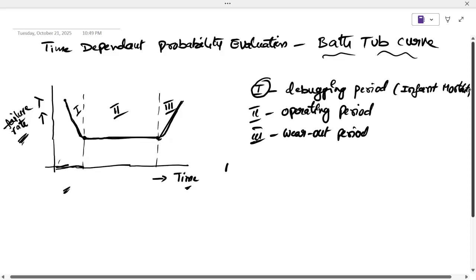In the first phase, the debugging period, failures will be more, and they gradually decrease with repairs and precautions if you take care. Why do so many failures occur at the infant phase, the beginning phase? Why do we need to debug these failures?